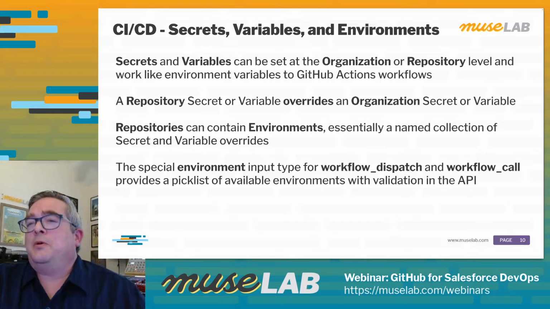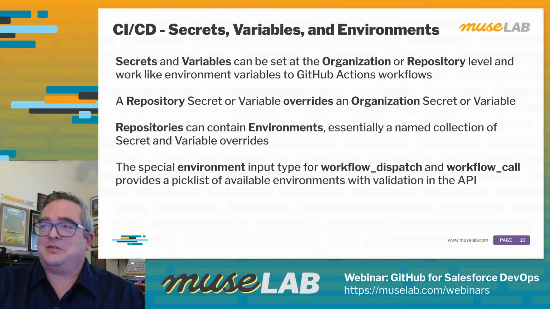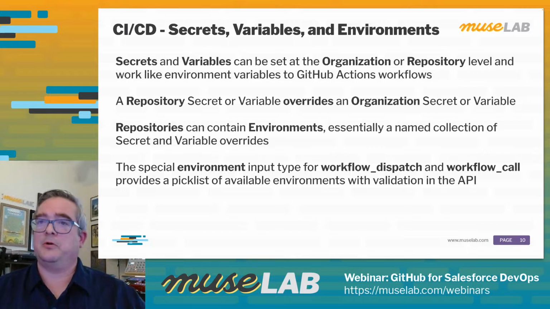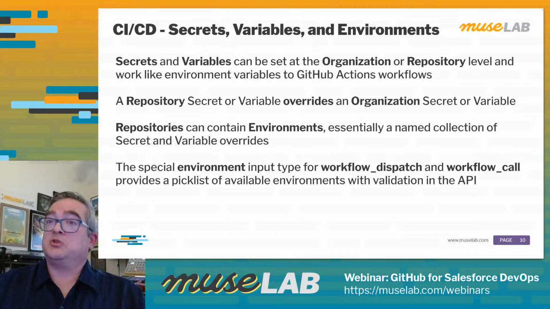And then repositories can contain environments, which are essentially a named collection of secret and variable overrides. So, for example, if you wanted to have multiple different target orgs and you want to have workflows that work against the variable named target org or target org auth URL, you could have multiple environments: an environment named production, an environment named staging, an environment named UAT, and each environment would define its own target org auth URL.